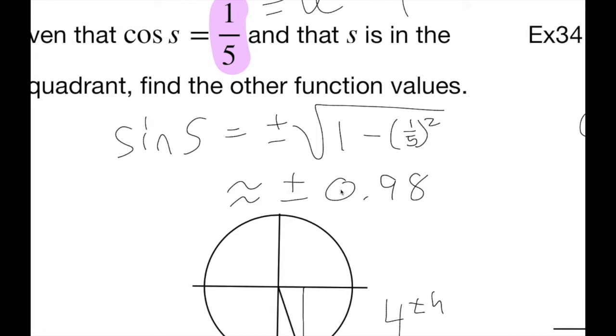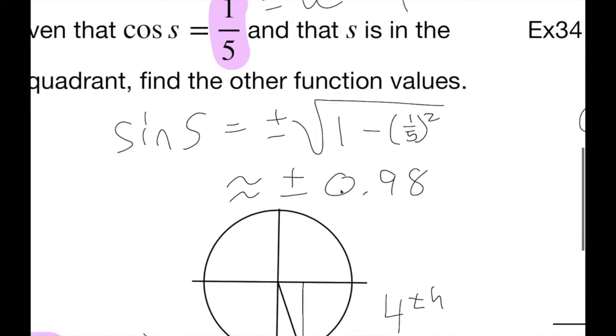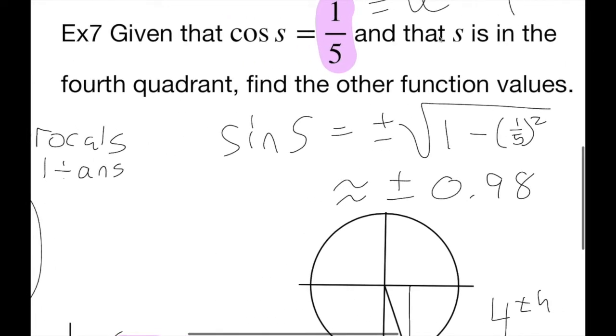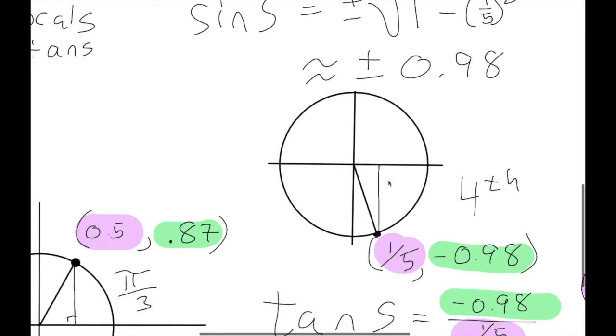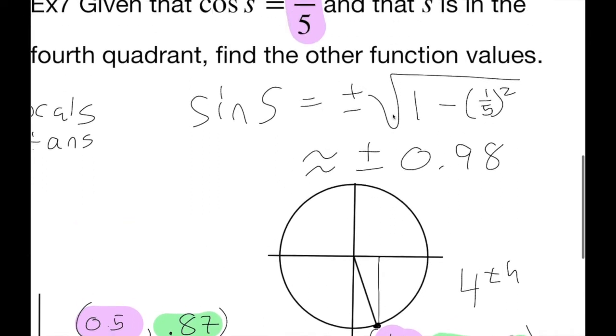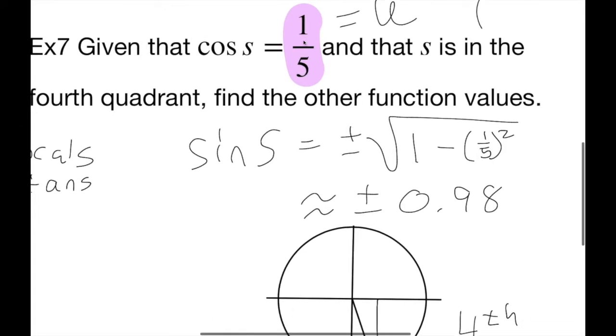So you've got to figure out, is it going to be the plus or the minus? We've got the choice, but then they tell us that they want whichever one of these is in the 4th quadrant. So let's draw a handy dandy unit circle. We go around, and we can plot the point 1/5 comma plus 0.98 or minus 0.98.